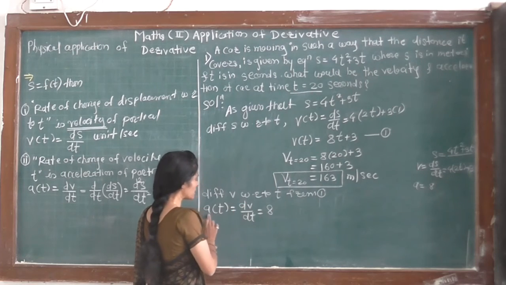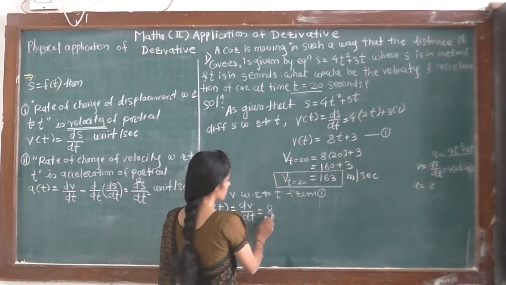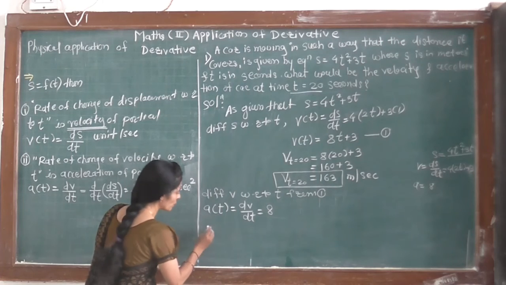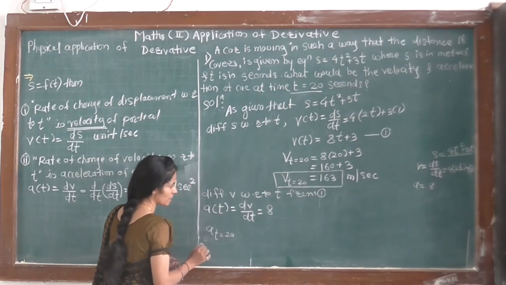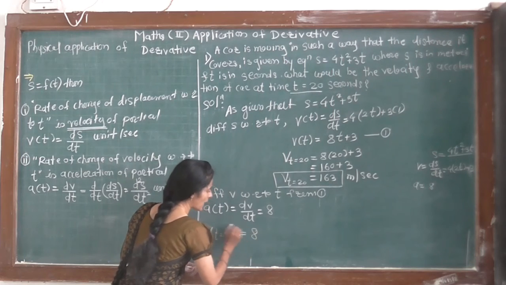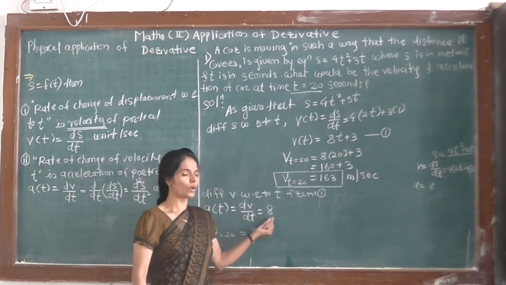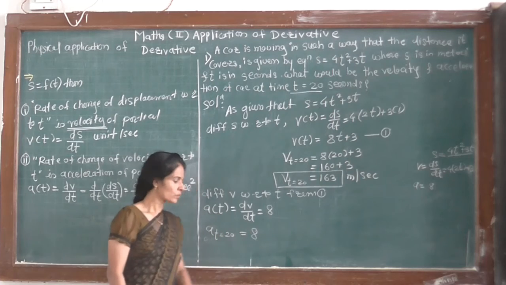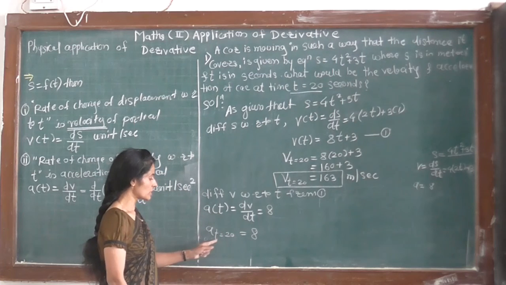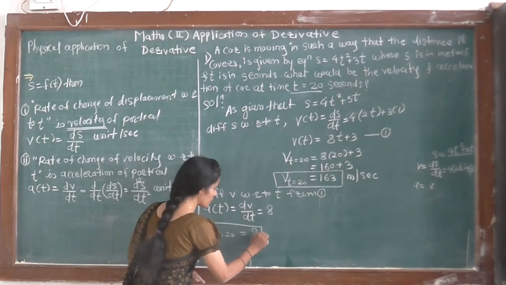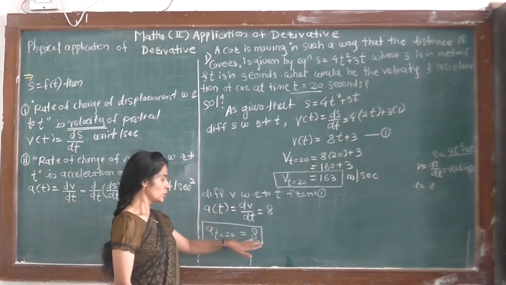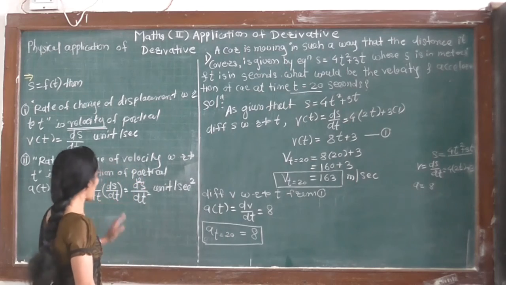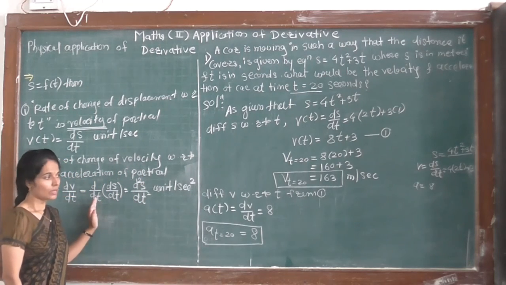So dv by dt, meaning acceleration, must be 8. Now we have to find this acceleration at t is equal to 20. It remains as it is since there is no t, it is a constant. So we get acceleration at t is equal to 20 is 8. Now we have to mention the unit of this acceleration as per our theory.